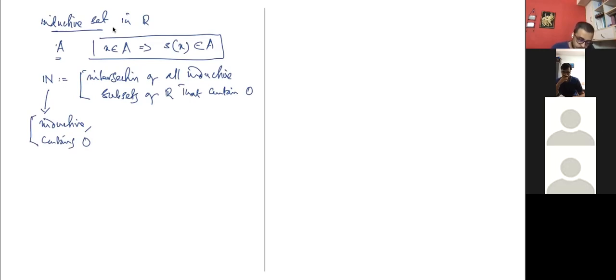Now the other observation that we can immediately make is the following: that this is contained in this subset. Why? Because this is an inductive subset of R and this contains 0.